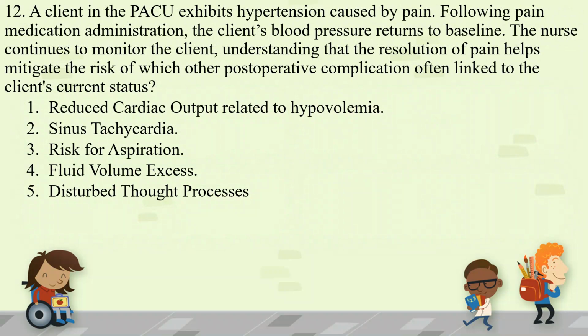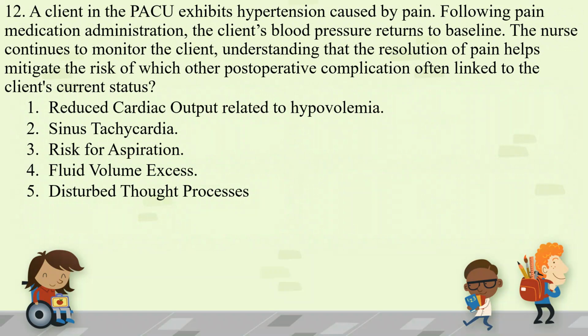So, of course, we know that pain is listed as a common cause of hypertension, as well as sinus tachycardia and disturbed thought processes. And by treating the pain, the nurse is reducing the triggers of tachycardia and altered mental status. So, option one, that is for hypovolemia, and option 4 is for fluid volume excess.